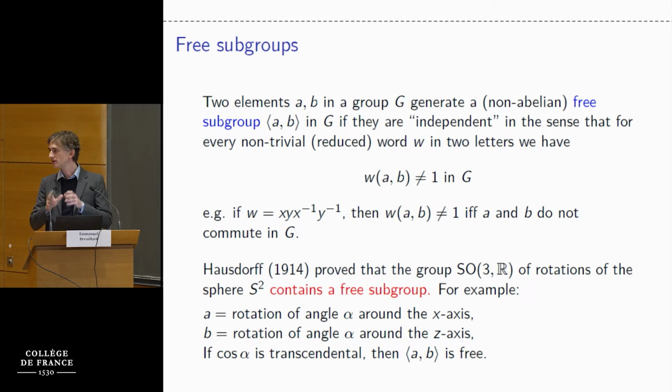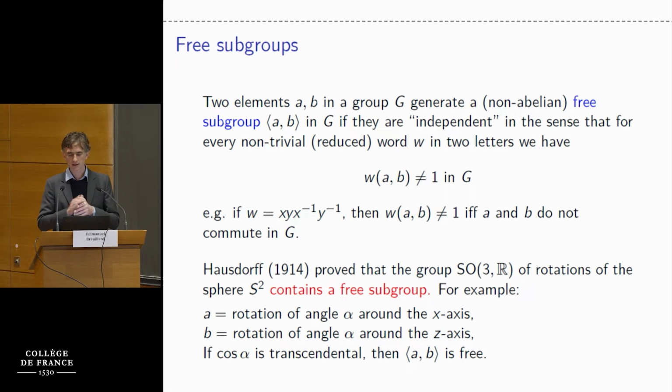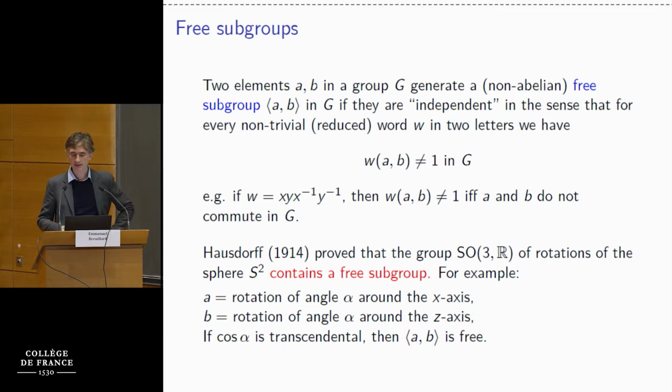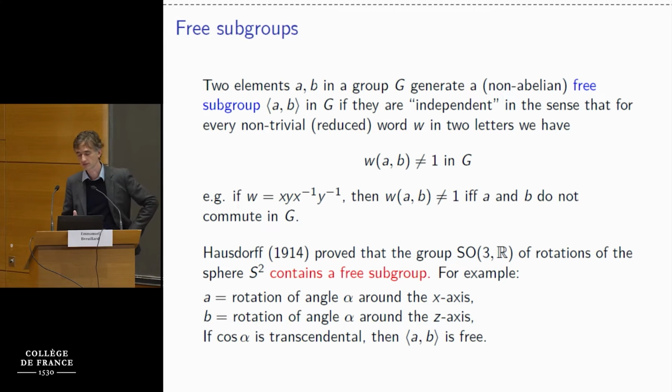He did this at the end of his book on measure theory in order to establish that you cannot construct a finitely additive measure on the sphere that is invariant under rotation and defined on all subsets of the sphere. I'll come back to this in a second. And his example is very simple.